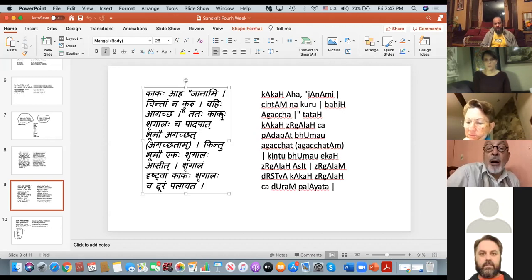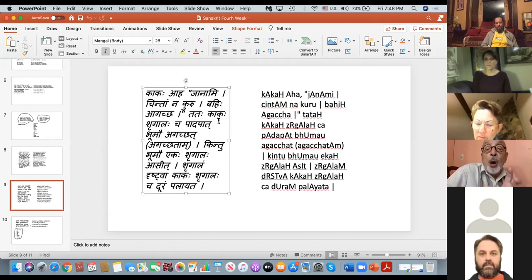Okay. Tataha kakaha sigalascha padapat bhumo agachat, or agachatam. When you use cha, you have a choice. You can use singular agachat or dual agachatam. But if you make a combined word like kakasrigalo, then agachat is not correct; you have to have agachatam.